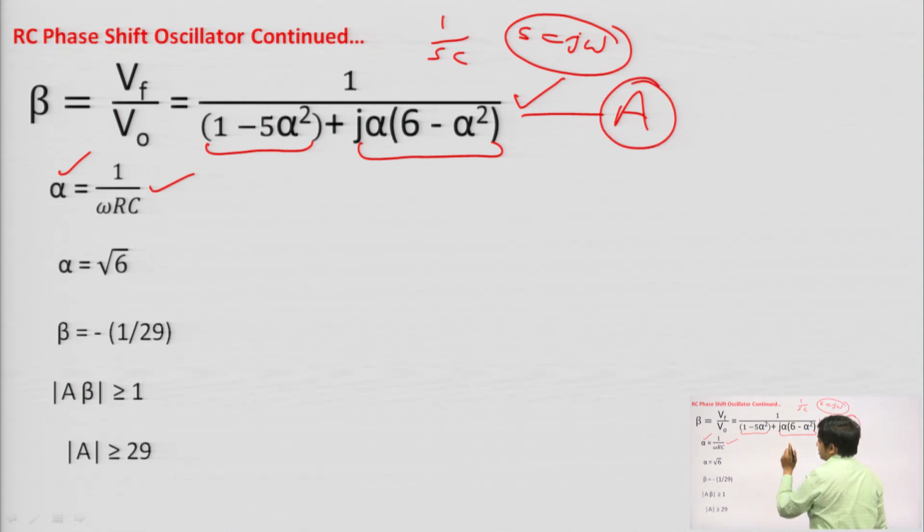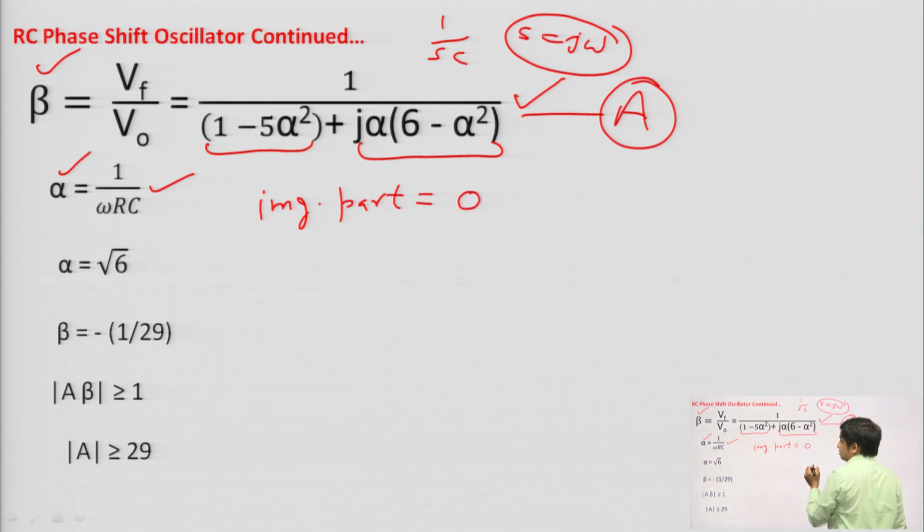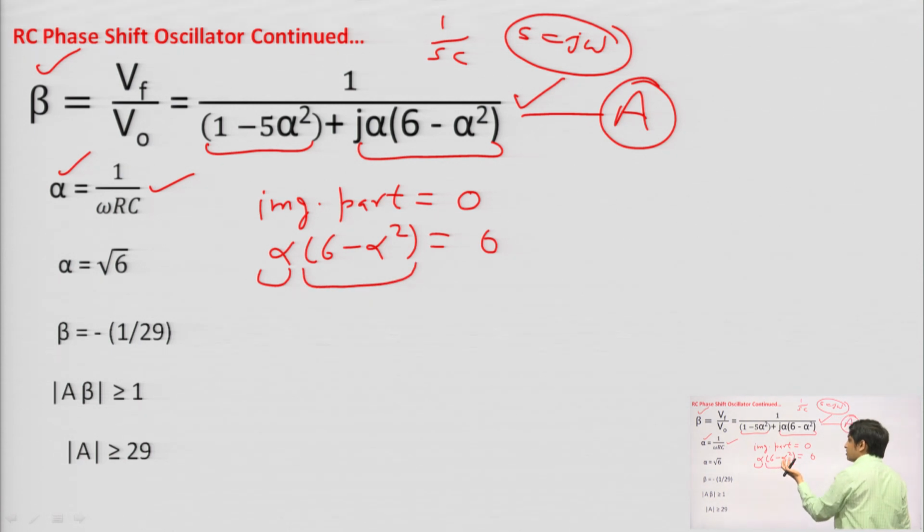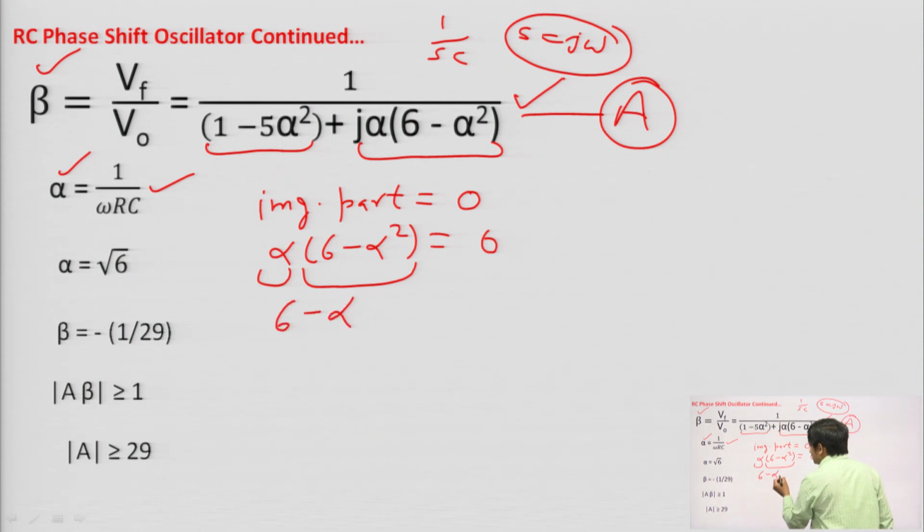Now, from this equation A, this beta is a real quantity, it cannot be imaginary. So, we can put imaginary part equal to 0. It means that alpha into 6 minus alpha square will be 0. There are 2 terms, either alpha will be 0 or 6 minus alpha square will be 0, but of course, alpha cannot be 0, 6 minus alpha square can be 0.